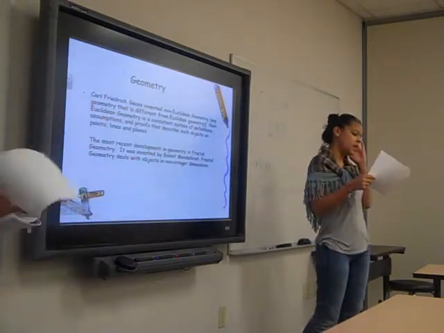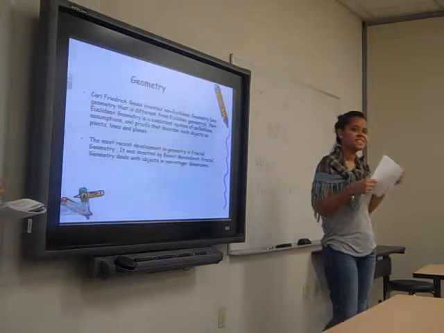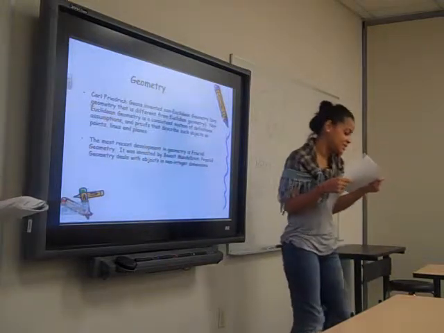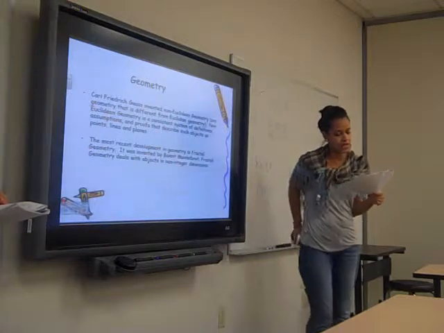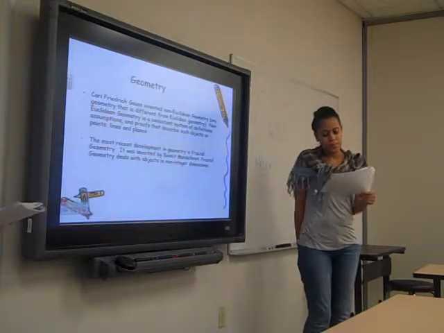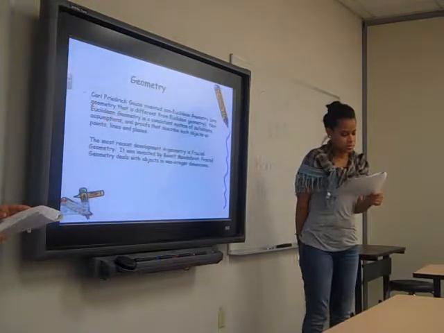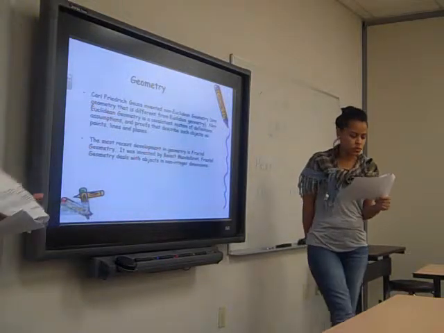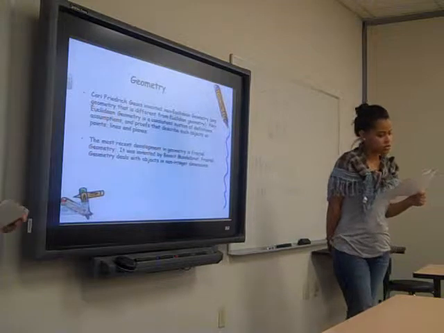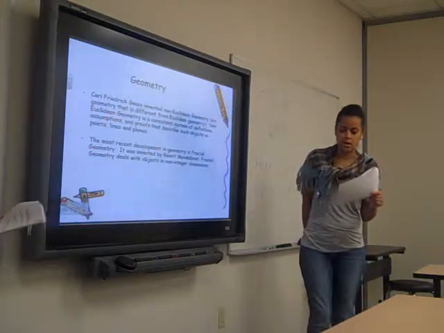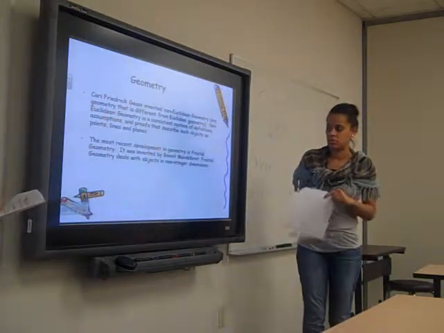Non-Euclidean geometry is a system of definitions, assumptions, and proofs that describe such objects as points, lines, and planes. The most recent development in geometry is fractal geometry, which was invented by Benoit Mandelbrot. Fractal geometry deals with objects in a non-integer dimension.